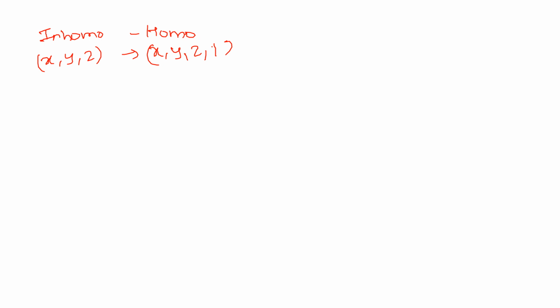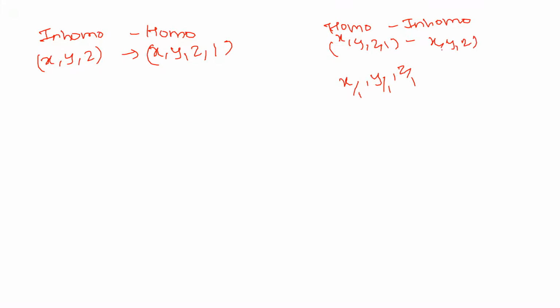To convert back to inhomogeneous, we divide all three parameters x, y, z by that 1.